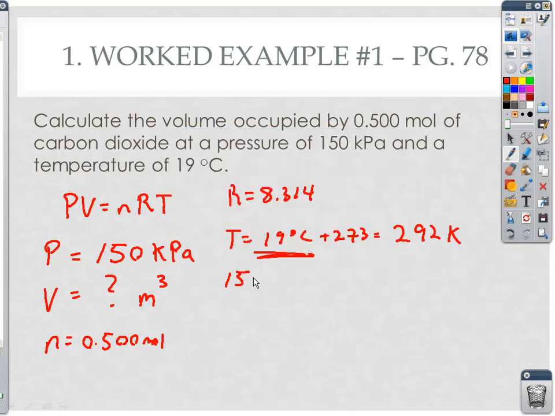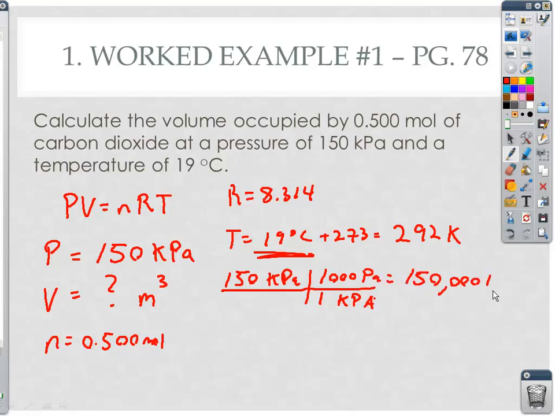And we need to convert kPa to pascals. 150 kPa, 1 kPa equals 1,000 Pa, which is 150,000 pascals.